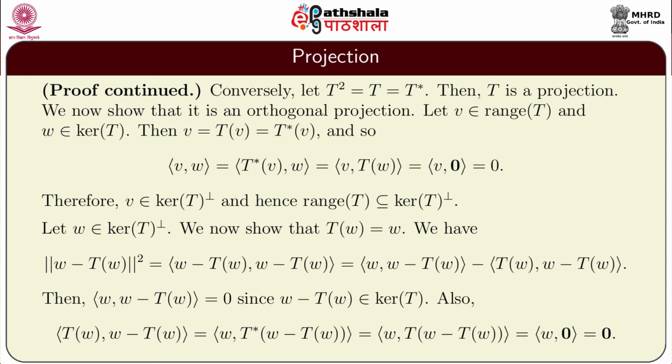because we have already seen before that T is a projection if and only if T square is equal to T. The only thing we have to show now is that it is an orthogonal projection.